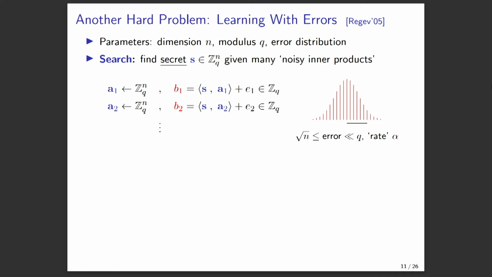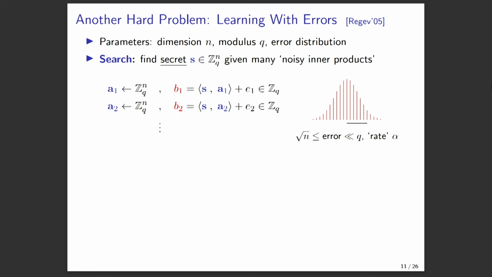Just to give you a flavor, the errors are a lot smaller than q, but they're not too small. They're maybe like square root of the dimension or so. And a term I like to use is the error rate. The error rate, which is often called alpha, is just the size of the error divided by q.